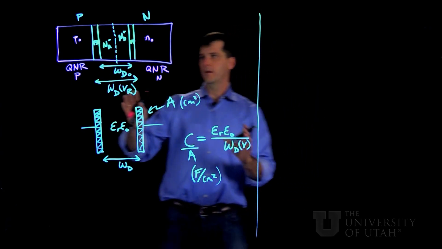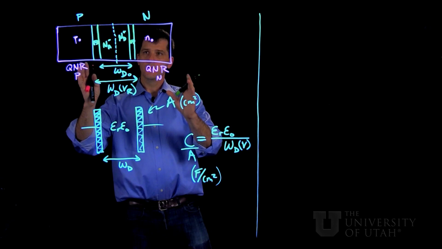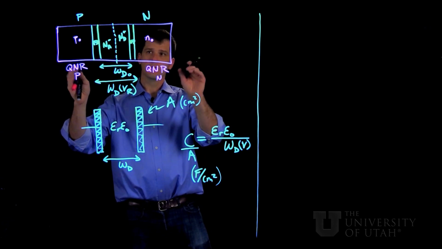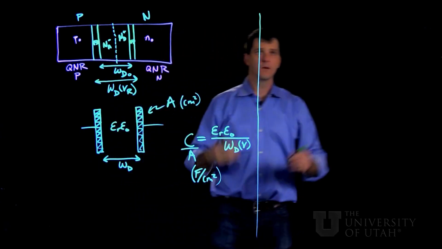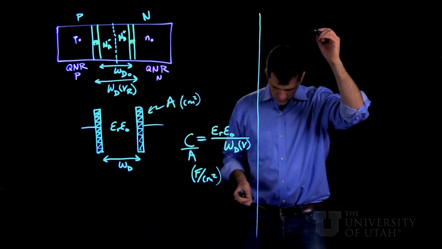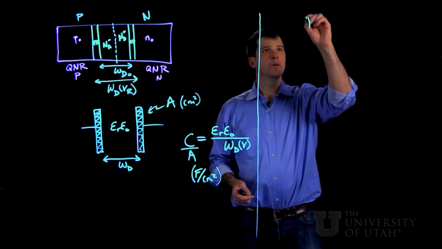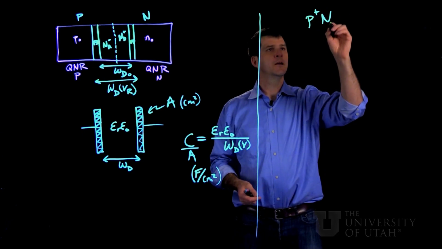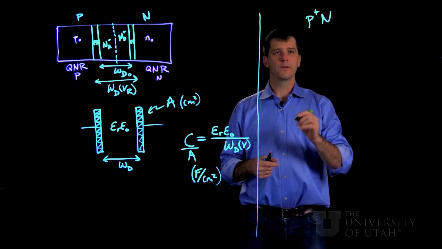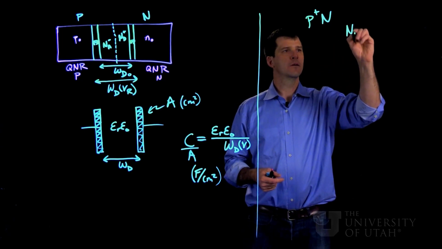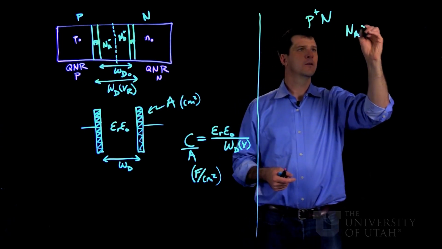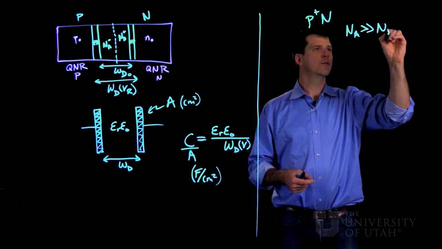The general PN junction with arbitrary doping on both sides is what we've been talking about so far. But let's talk specifically about a P plus N diode, which we would call one of these one-sided diodes. So in this case, our NA is much, much greater than ND.